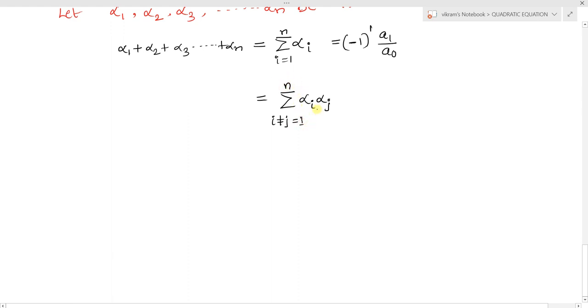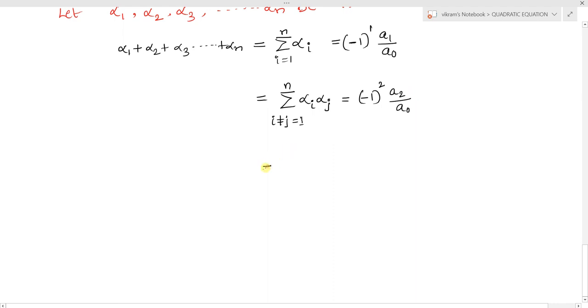So that means alpha 1 into alpha 2 plus alpha 1 into alpha 3 and so on. We can write this as minus 1 power 2, two roots taken at a time, minus 1 square into the next coefficient, a2 by a naught.